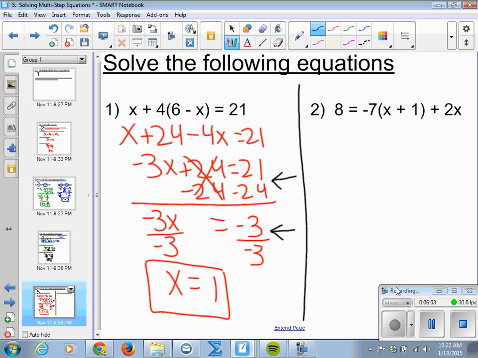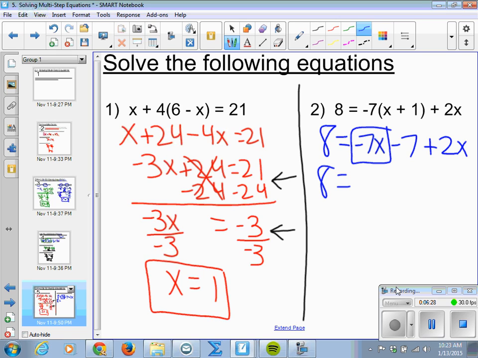Number 2, let's work that one. It's written backwards, but shouldn't cause a problem. So 8 equals negative 7 times x is negative 7x. Negative 7 times 1 is negative 7. And the 2x we have not touched yet. Okay, now combine our like terms. We see the negative 7x and the positive 2x.